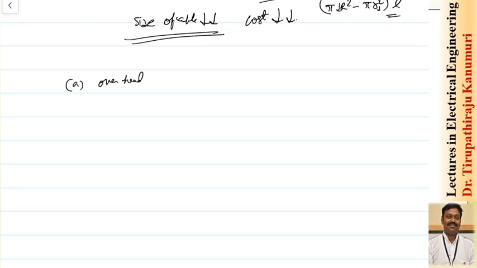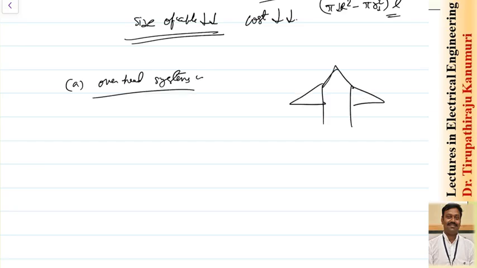So first, going to overhead systems. In the case of an overhead transmission line, the tower will be there. The tower is generally at ground potential, and from the tower the insulators are kept, and from the insulator the conductor is laid. You can see here this is the insulation. One point is at zero potential and the second point is at the supply voltage.